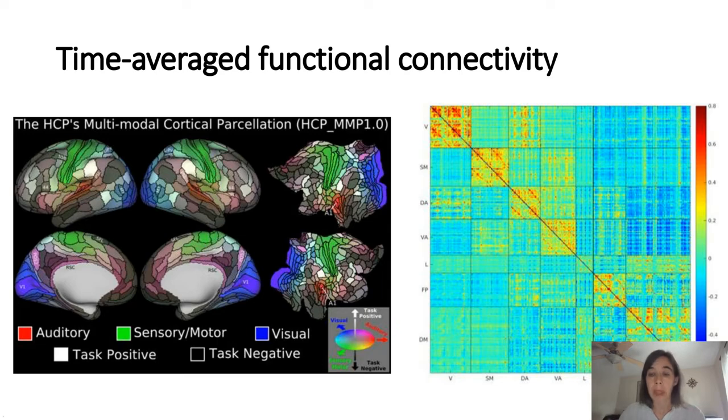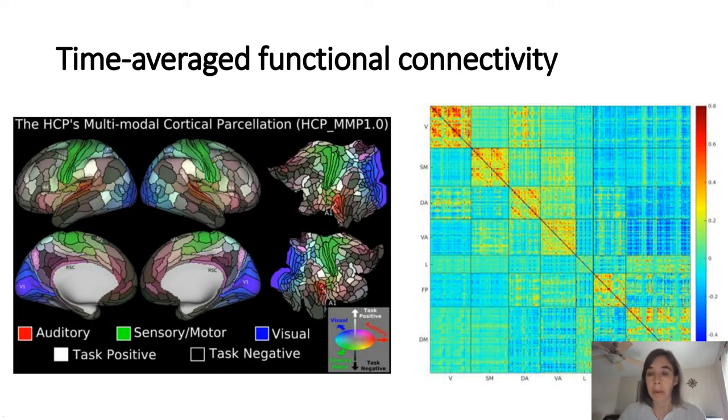And then you can look at the relationship between the signal from each of those areas over time with all of the other areas. And you get something that looks like the correlation matrix shown on the right side of the screen. Each of the rows here is an area in a given network. Each of the columns is another area in a given network.